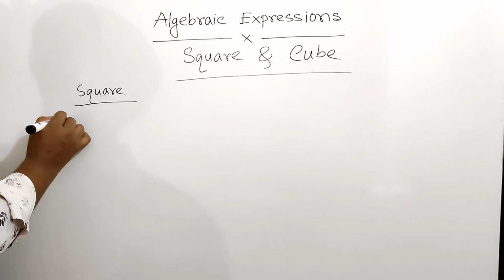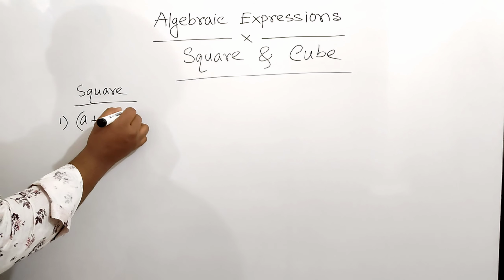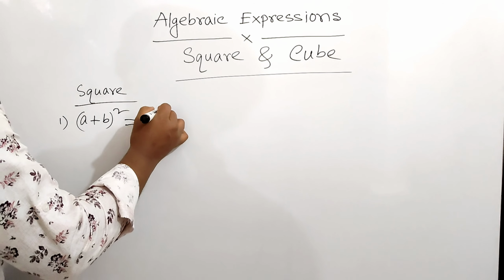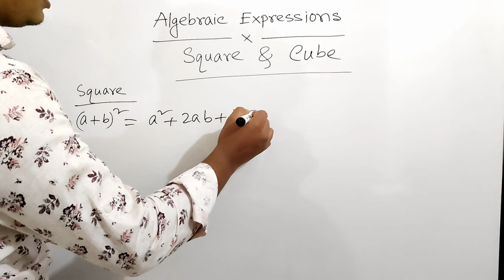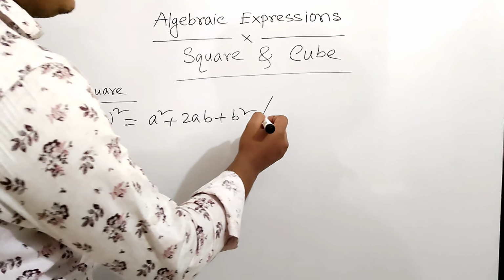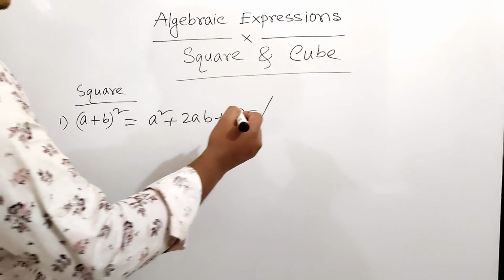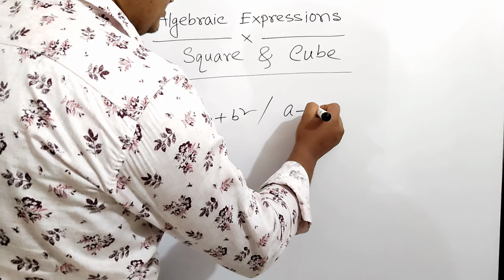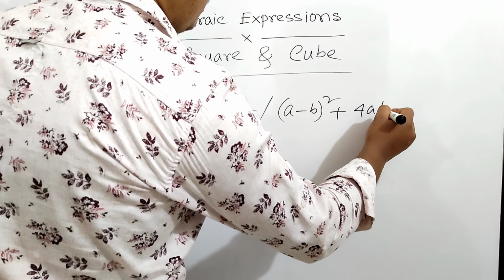Number one, a plus b whole square. The formula is a square plus 2ab plus b square, or you can use an alternate formula. When you find the value of a given expression, you can use this formula also: a minus b whole square plus 4ab.